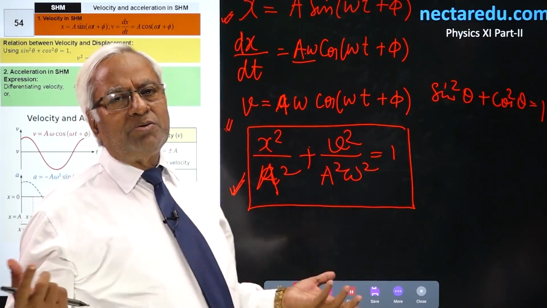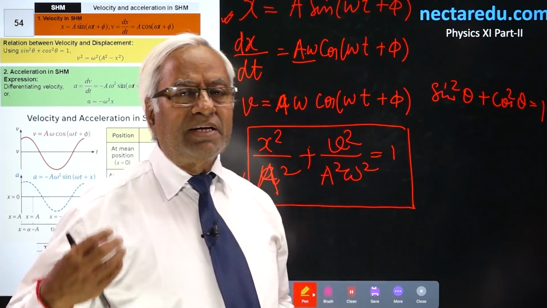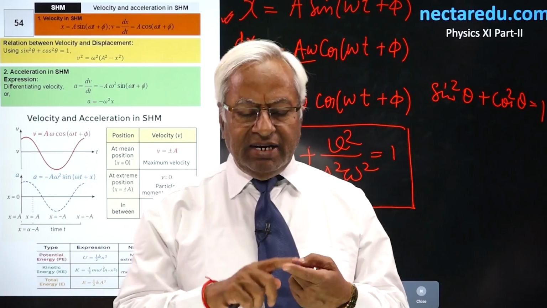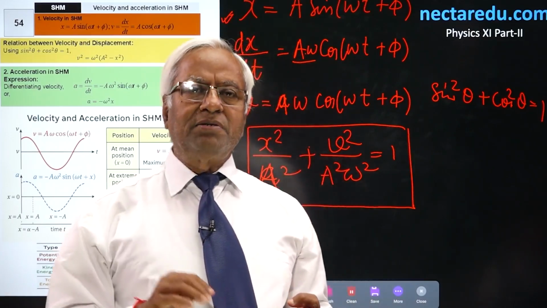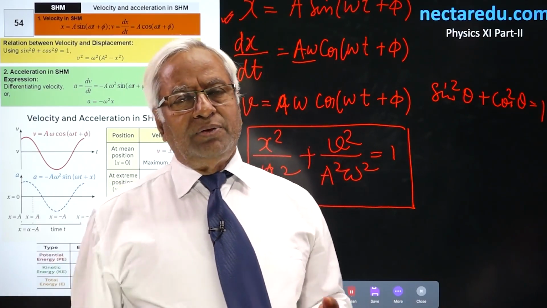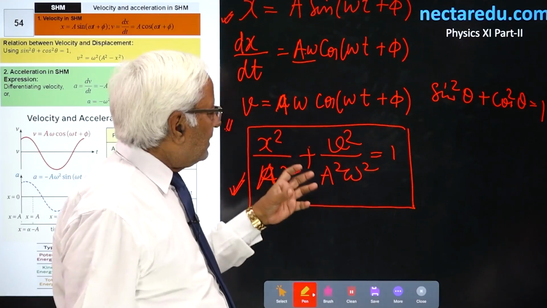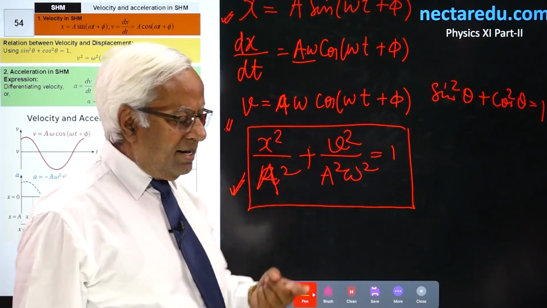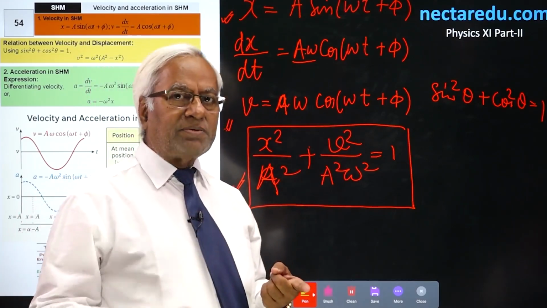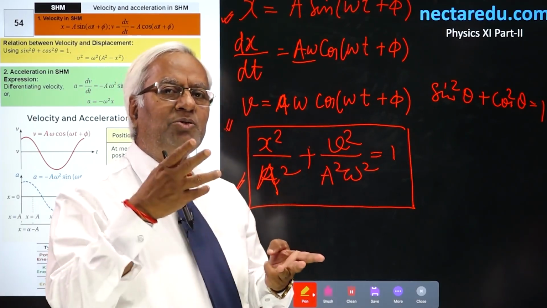So naturally it's going to be a complex type of motion, because before that in mechanics we have gone through linear motion, motion along a curve, or you could say motion in a plane, then circular motion. They have their own characteristics. But this is a very complex type of motion in which you find x, displacement, is variable, velocity v is variable, and acceleration too is variable.